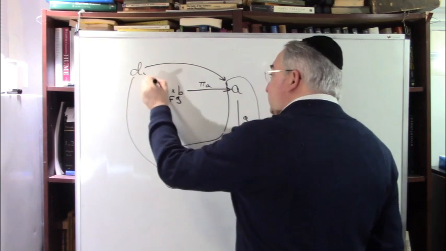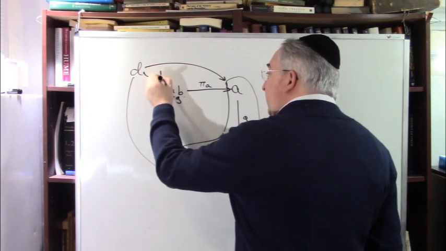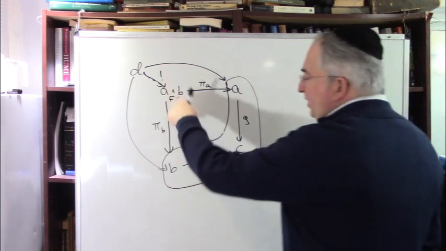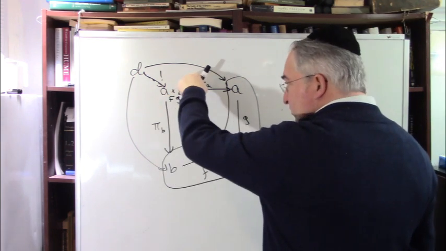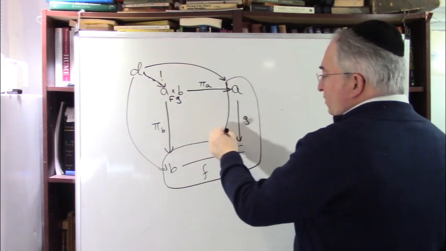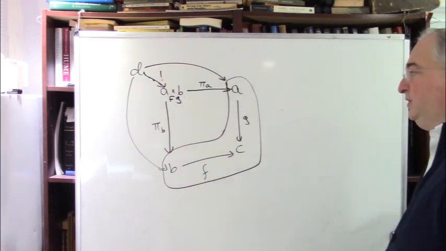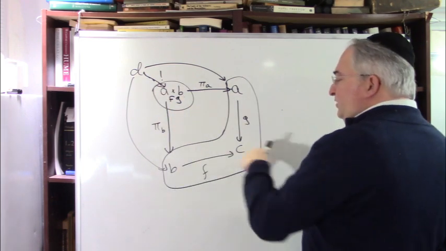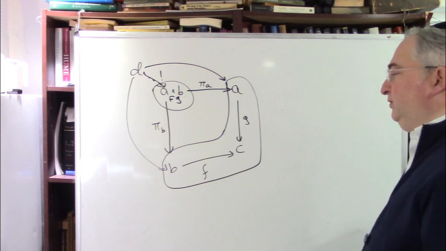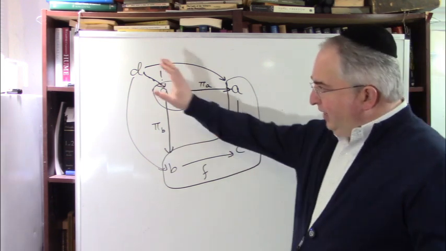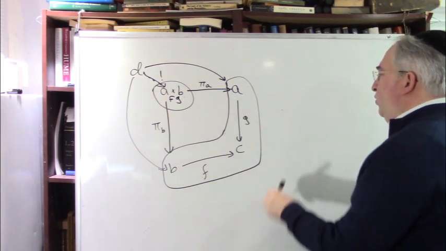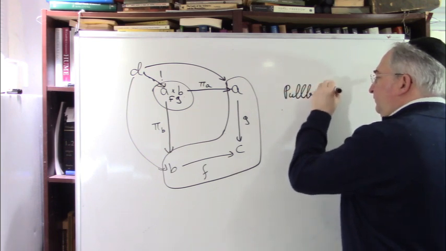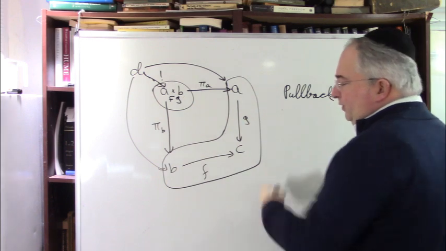Then there's a unique map from here to here such that this triangle commutes, and everything commutes. So that's what I mean by completing. This is a completing of this diagram. It universally completes it. It has to be the best fitting thing. We call this a pullback, or a pullback square.